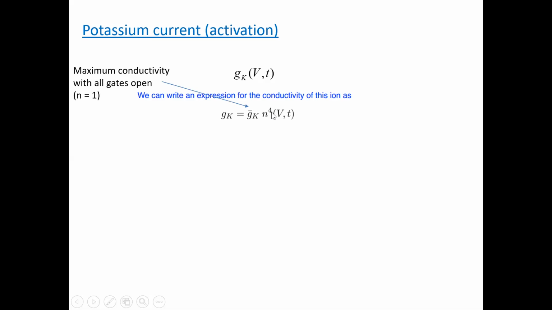That seems really curious, but that's because each potassium channel actually has 4 activation gates. Because the 4 gates are open or closed independently of each other, to get the chance of all of the gates being open, we have to multiply the chance of each gate being open together. So it'd be n times n times n times n, or n to the fourth.